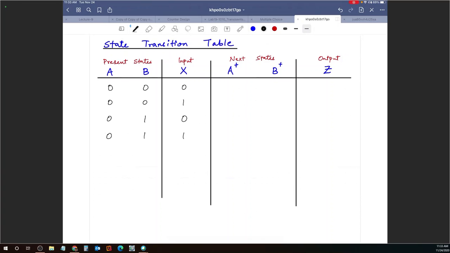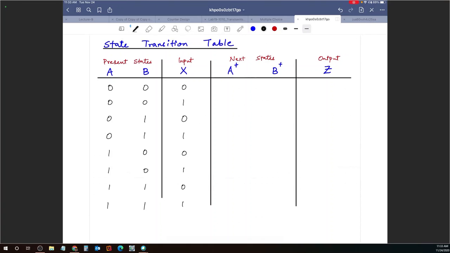You see how we are filling this up? We are essentially filling this up as a truth table, right? Alternates every time, alternates at half the frequency, alternates at half the frequency of that. So from here, we can just fill it up directly. We got 0, 1, 0, 1, and then 0, 1, 0, 1. And then we got 1, 0 here, 1, 0 there, and then 1, 1 there, and 1, 1 there. So present states and input is essentially classified as the input to the state transition table.